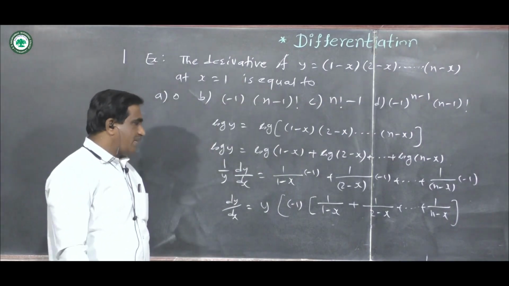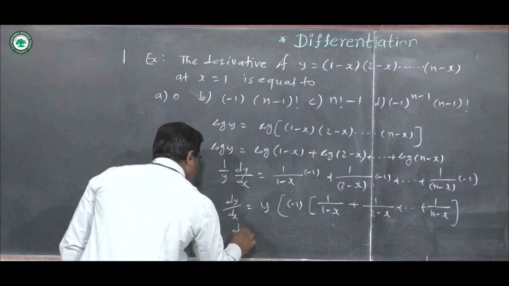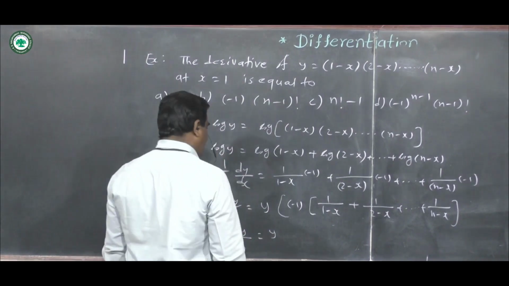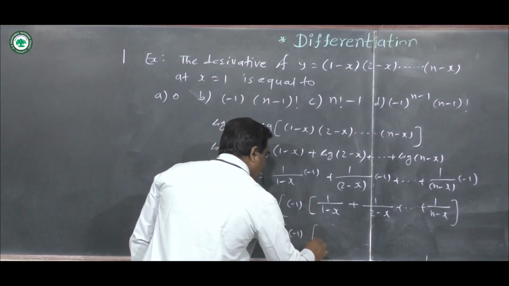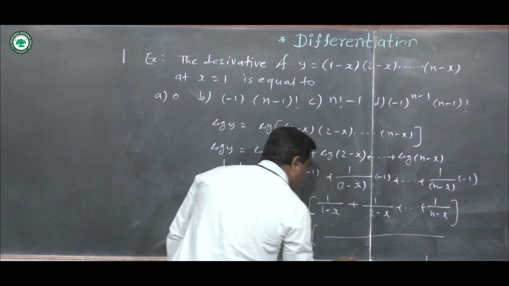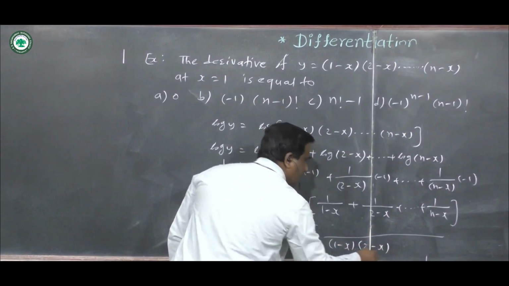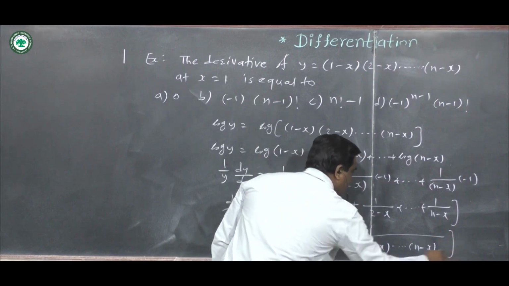Okay, if we take addition for all these fractions, then we can write here dy by dx is equal to y into in bracket minus 1 into in bracket the product of denominators, 1 minus x into 2 minus x, so on, n minus x.